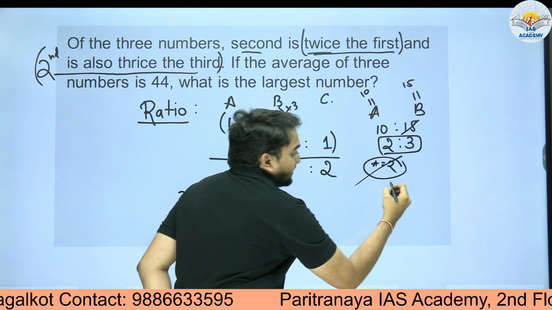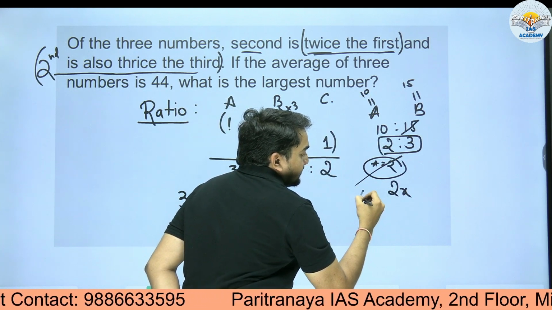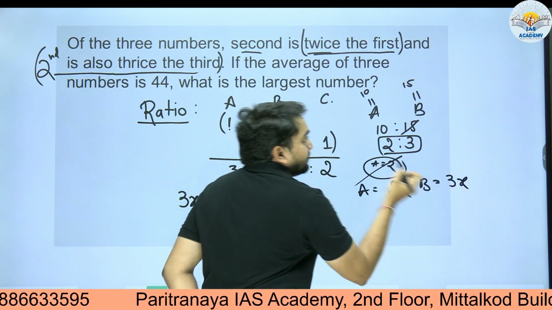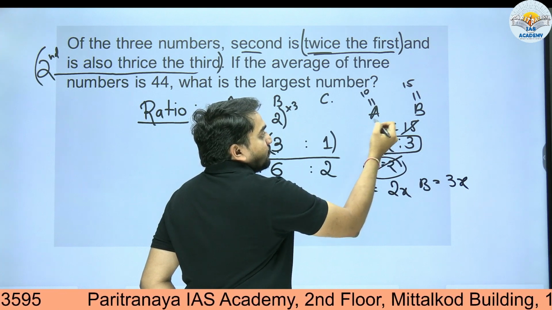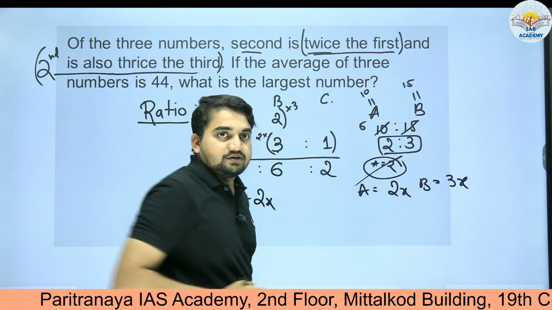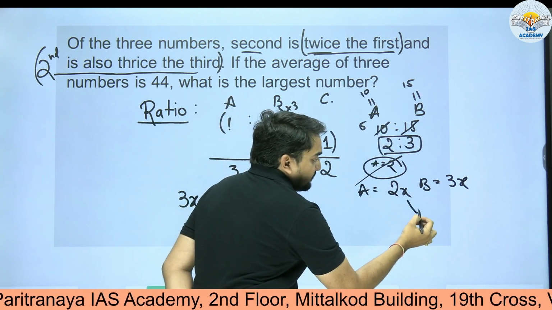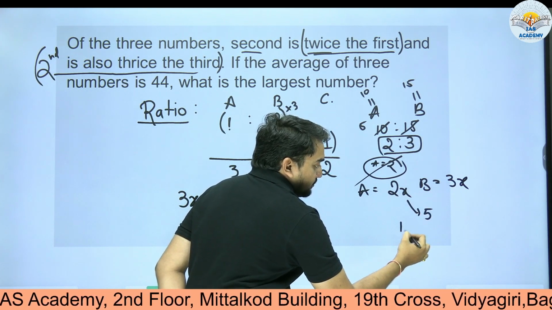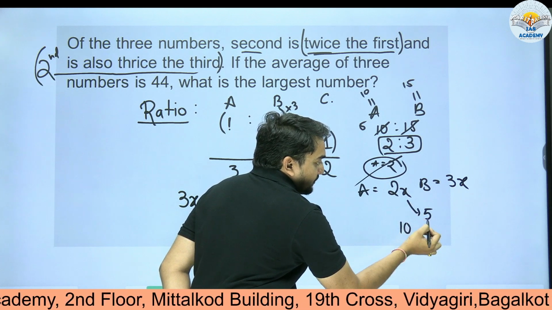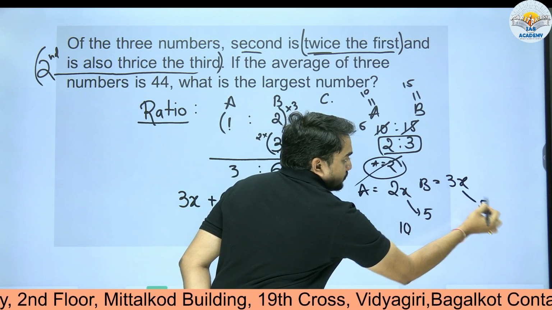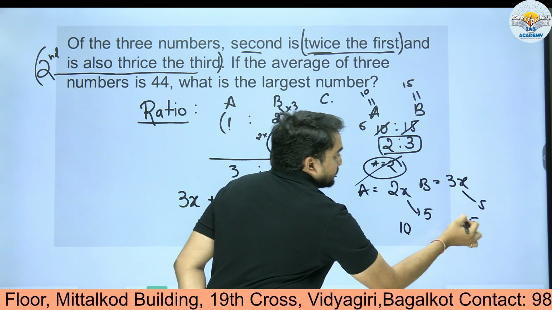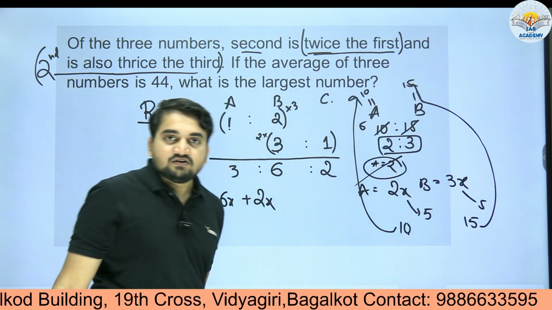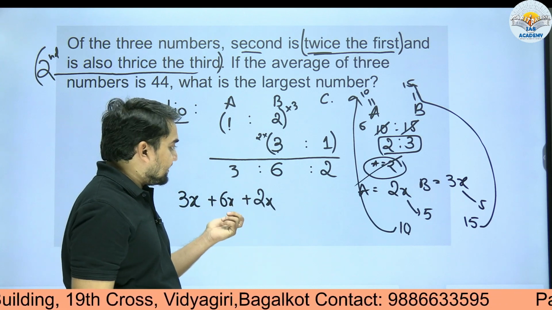So I take A as 2x and B as 3x, because here 5 divided both sides. If x is 5, in actuality we get the same values: 2 into 5 is 10, 3 into 5 is 15. Now you understood why I am taking x.